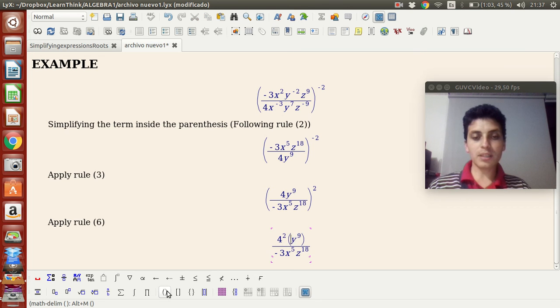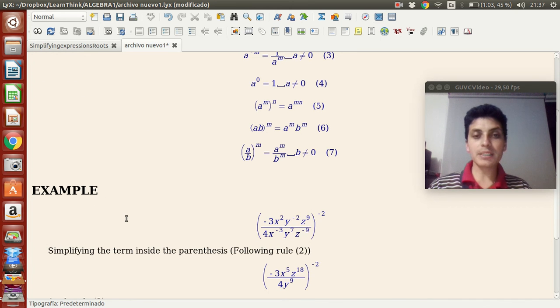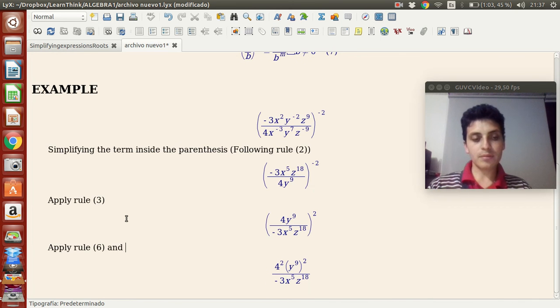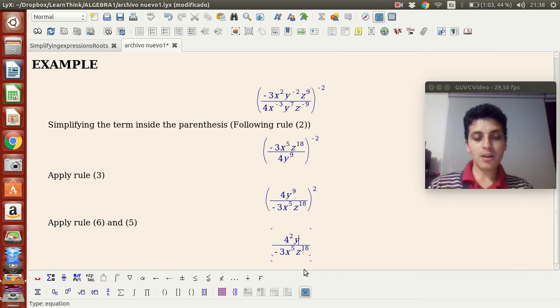This y to the 9th power will become y to the 9th power to the second power. And here I can apply power to a power, so it will be rule number 6 and rule number 5. So 9 times 2, 18. So essentially we have y to the 18th power.